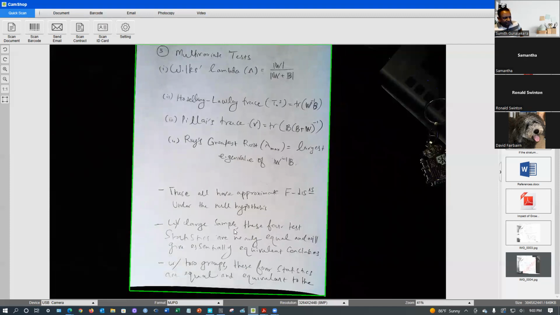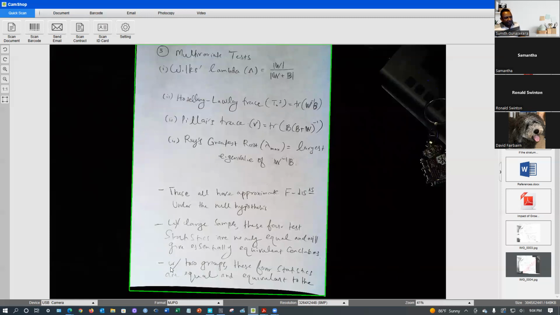With large samples, these four test statistics are nearly equal and will give essentially the equivalent conclusion. When you're using a huge sample, they are pretty much the same.